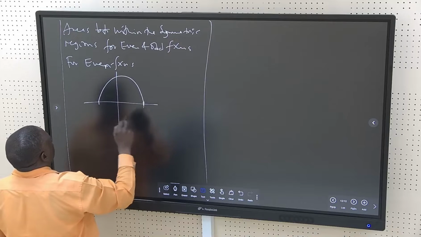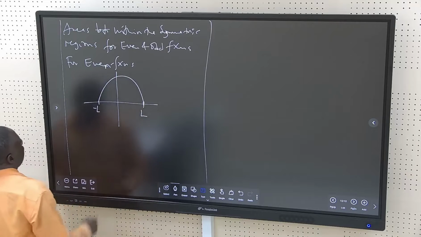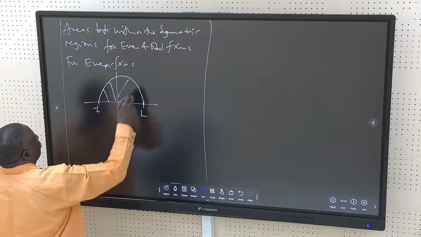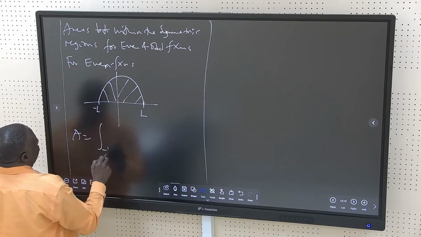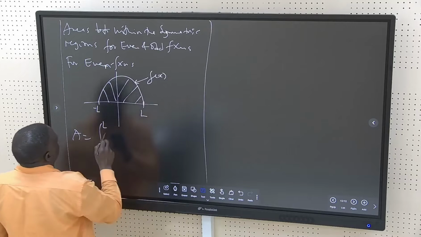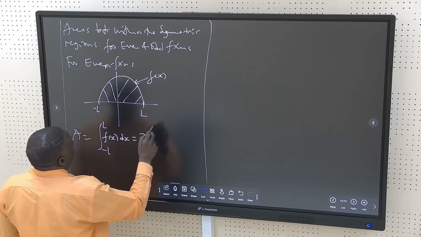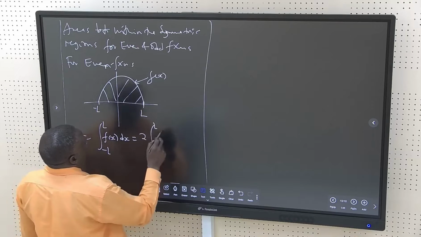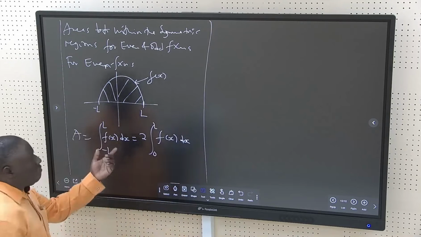We consider here from negative L to L. This area equals the integral from negative L to L of f of x with respect to x, which equals twice the integral from 0 to L of f of x with respect to x. This is very, very important.